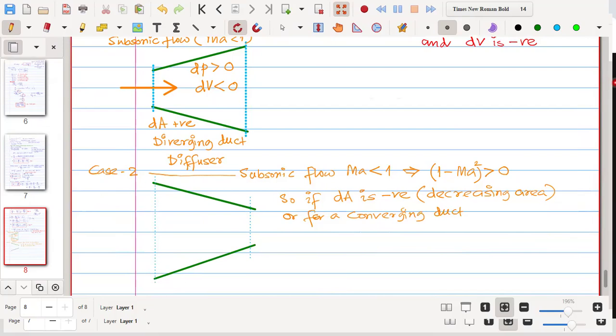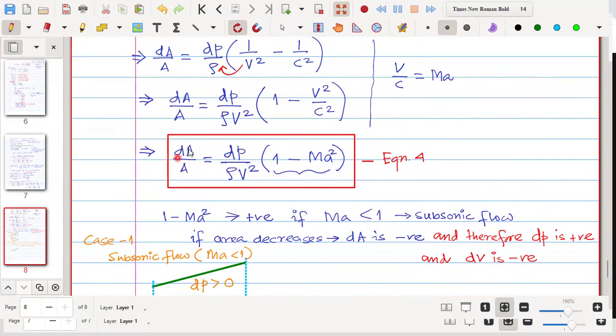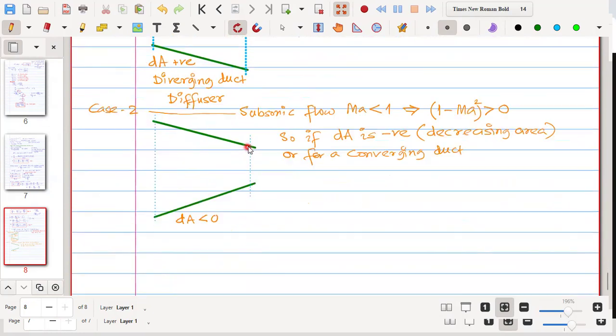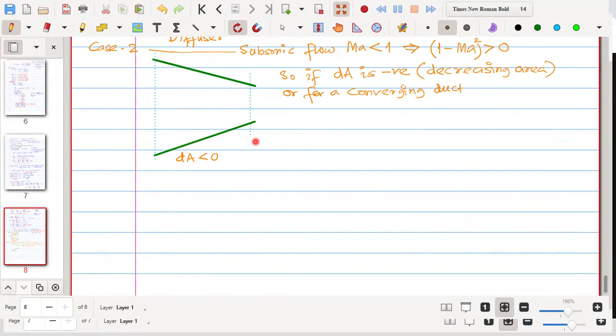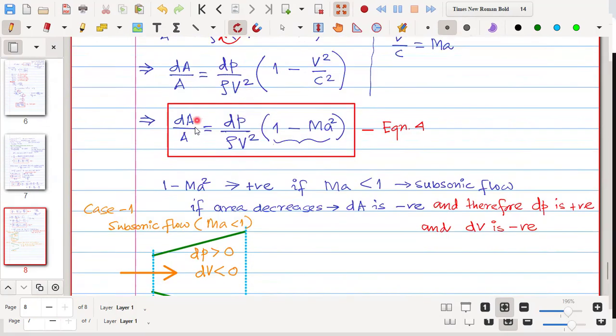Area dA is less than 0, that is negative, and this is positive, so dP will be negative, isn't it? So dP will be negative. Is it clear? dP is negative.